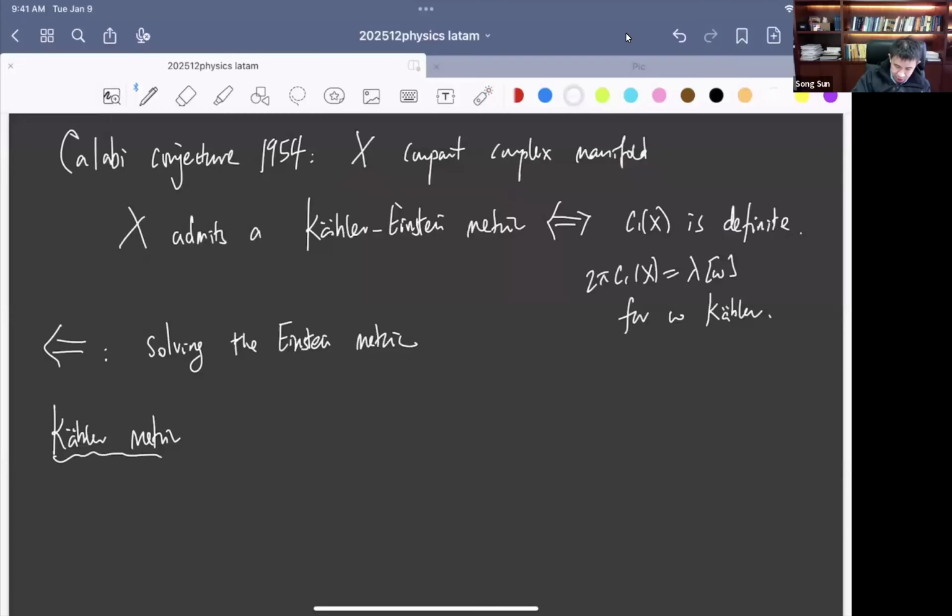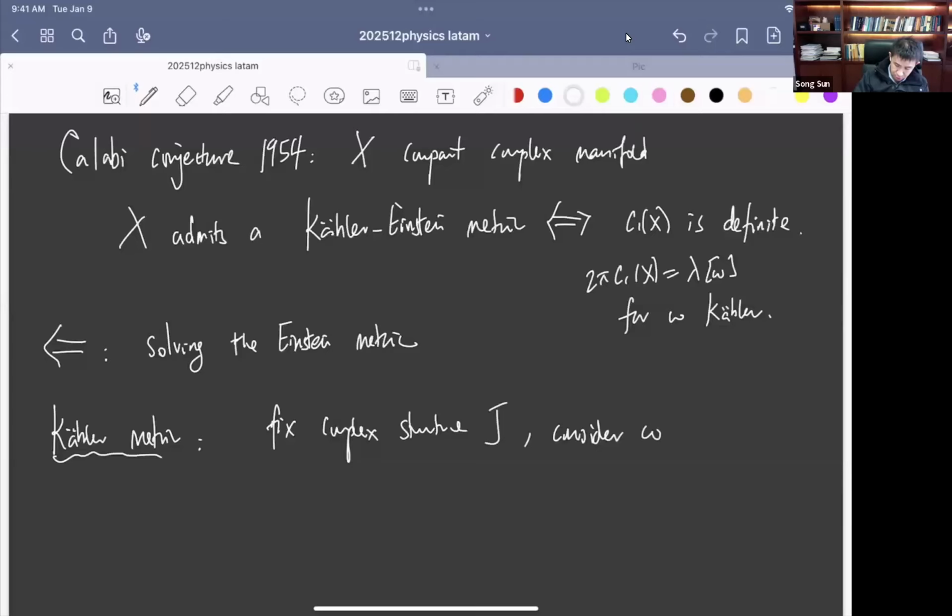Remember the Kähler condition decouples: the complex structure depends purely on the manifold being complex, and then you have this extra closedness of omega. We are now adopting that viewpoint. So we fix a complex structure J and consider omega. Omega is a closed two-form, so locally it's always exact, it's d of a one form.